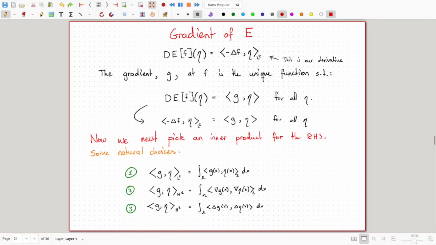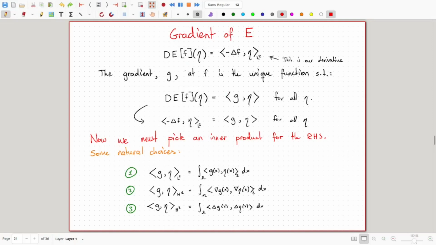All right, so now we want to take our derivative and find a gradient. And here's where we can use our special definition of a gradient vector.